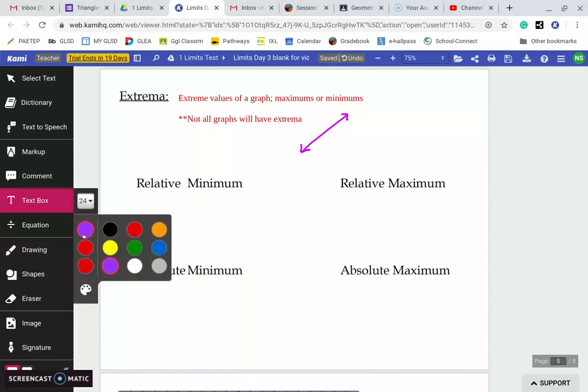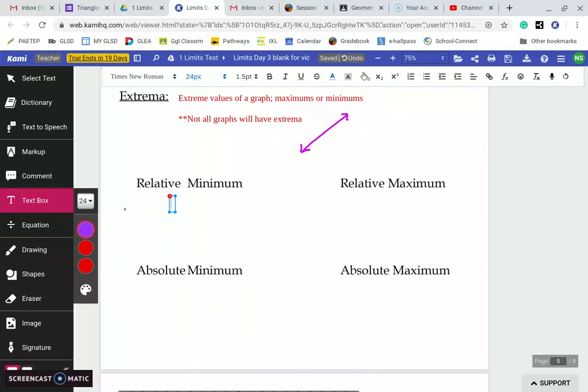So, relative maximums and minimums. So you know what? No, let's start with absolute because they're a little bit simpler. So an absolute minimum is the very lowest point on a graph. Like I was talking about, the line doesn't have a lowest point. It keeps going down forever, so it would not have an absolute minimum.